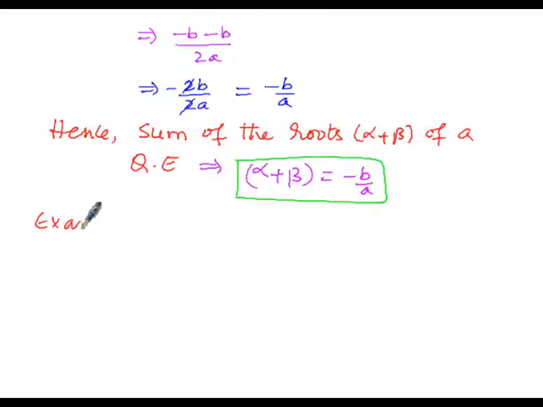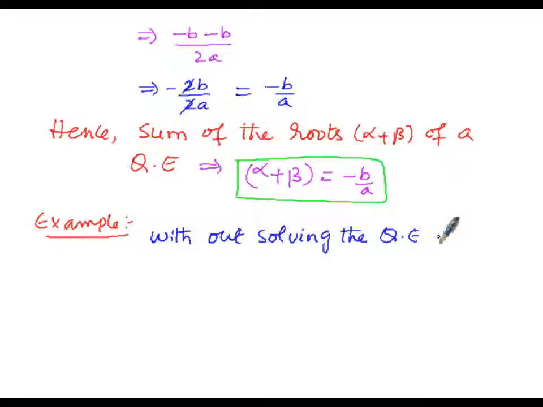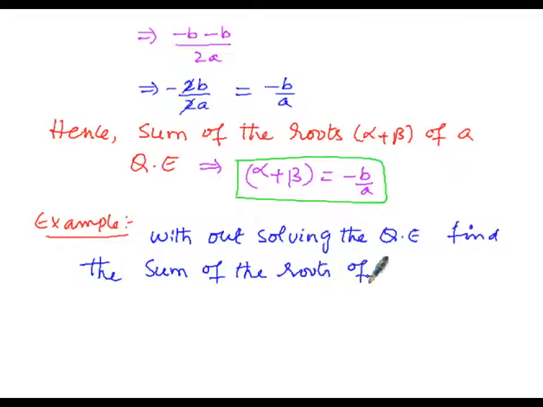So here the example is: without solving the quadratic equation, we should not solve the quadratic equation, find the sum of the roots of the quadratic equation 4x square plus 7x minus 3 equals 0.